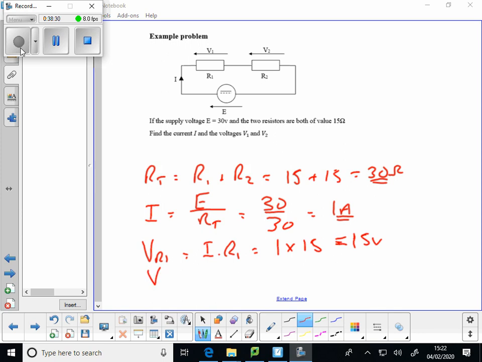And VR2 is equal to I times R2, which is 1 times 15 equals 15 volts.